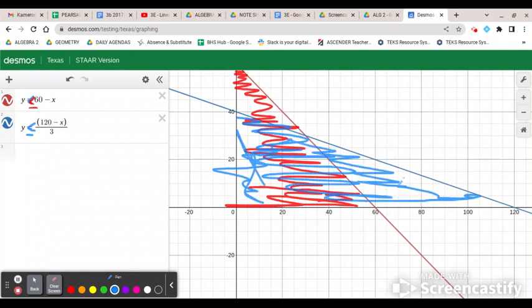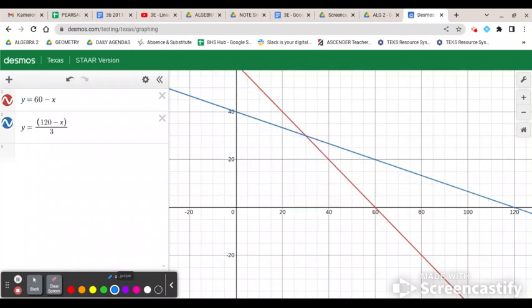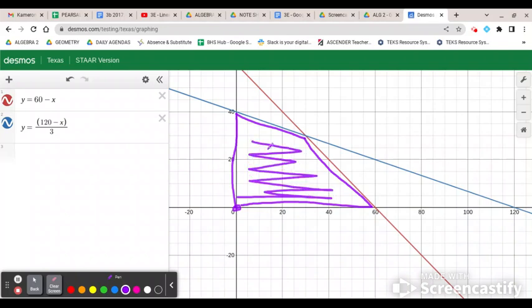Now, we don't have to do both. If we're smart enough to shortcut this, we can. So what ends up happening is our constrained region is basically going to be from here to here to here to there to there. So that's the area where the inequalities overlap.